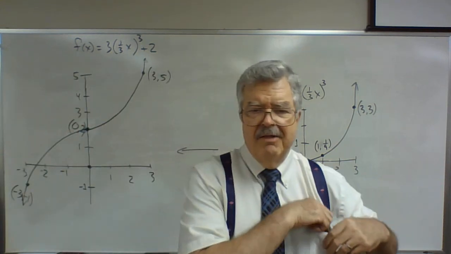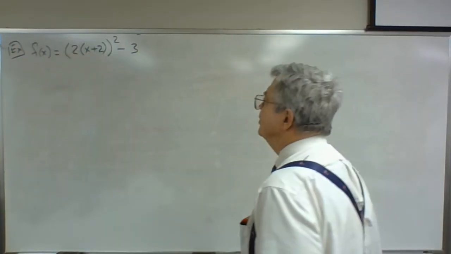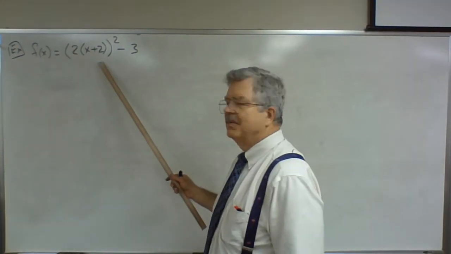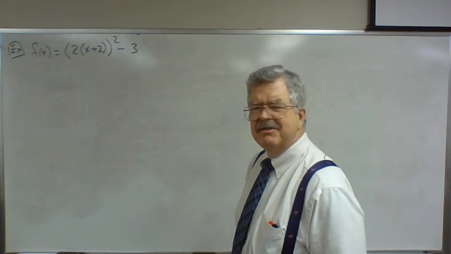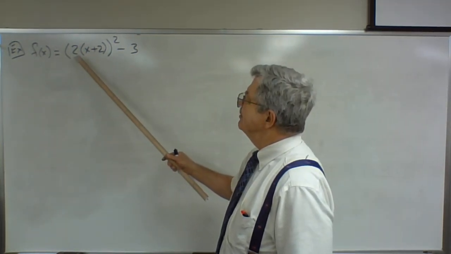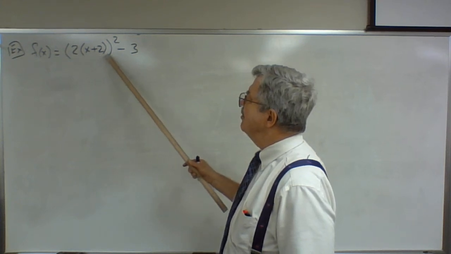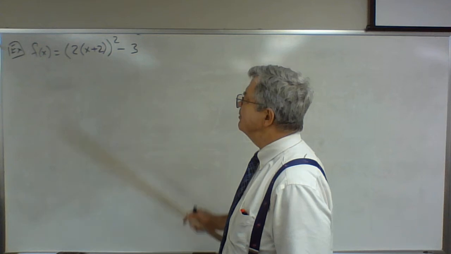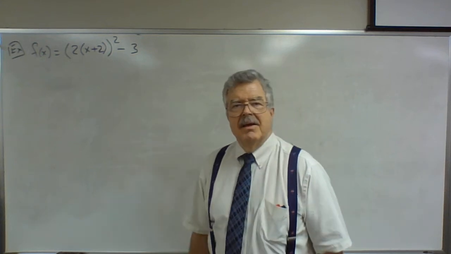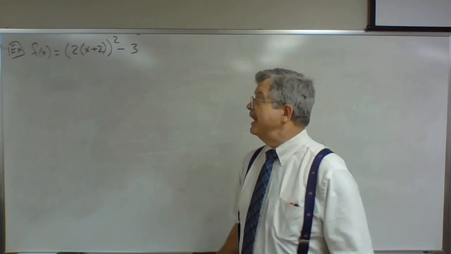Let's do another. Holy moly. We're just getting more complicated all the time. 2 times quantity x plus 2, whole thing squared minus 3. Well, exactly what this does, we'll worry about step by step.